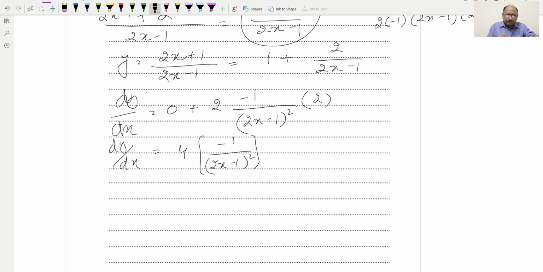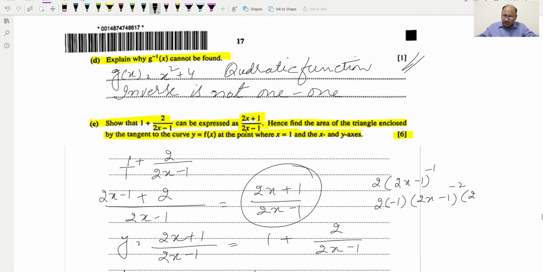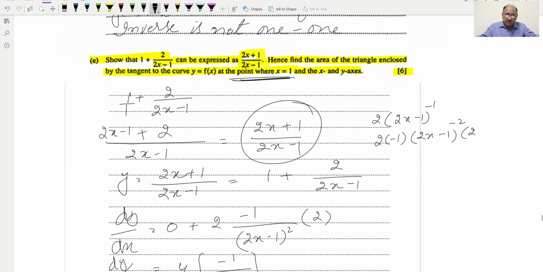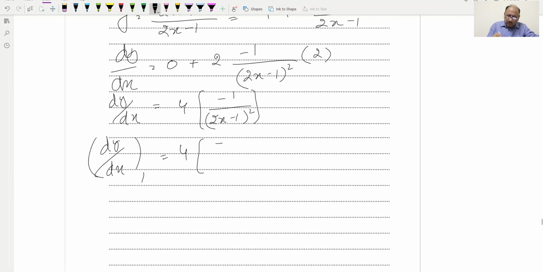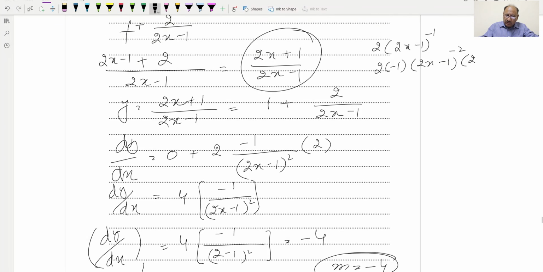Now we need dy by dx at 1, because the point where x is equal to 1 is mentioned in the question. So this will be 4 into minus 1 over 2 minus 1 squared, and this will be equal to minus 4. So this will be the gradient value m we got as minus 4, and the point which we can use is 1.